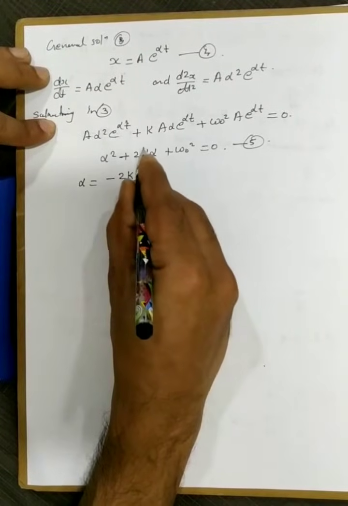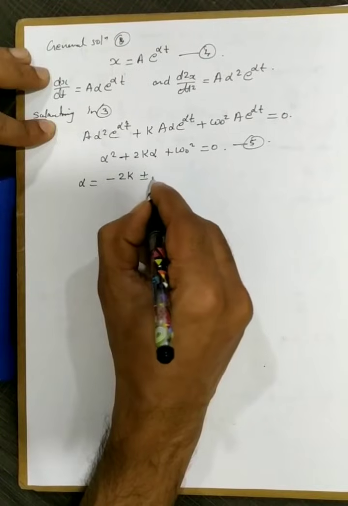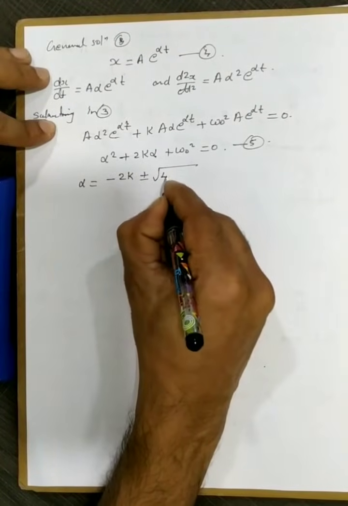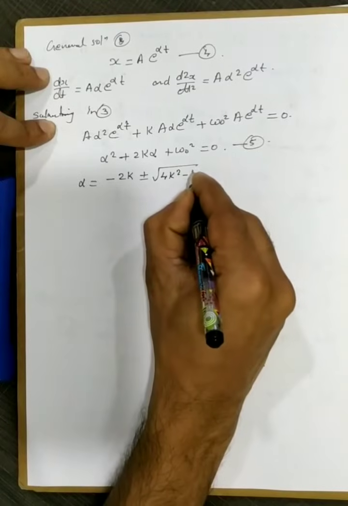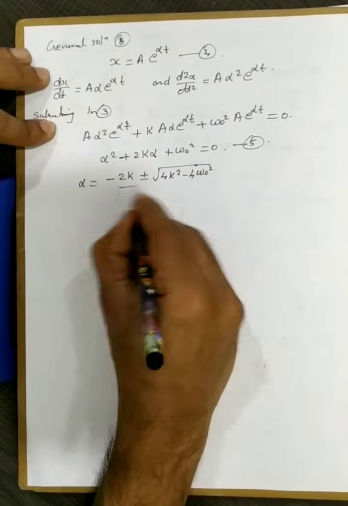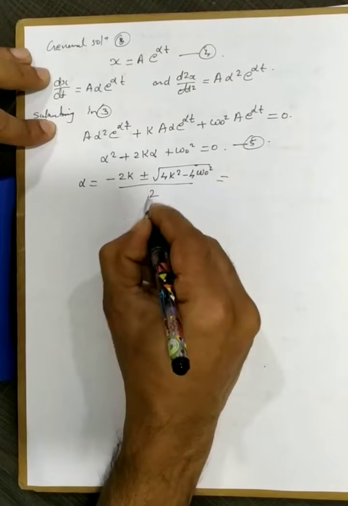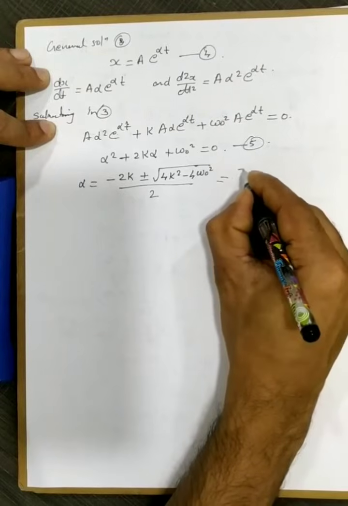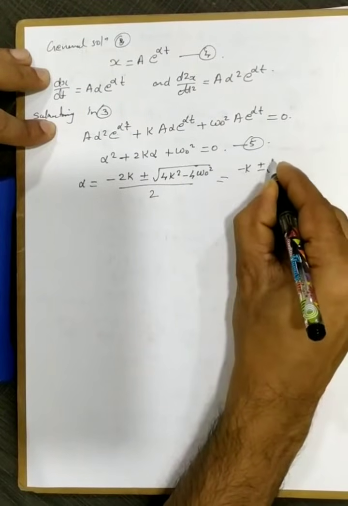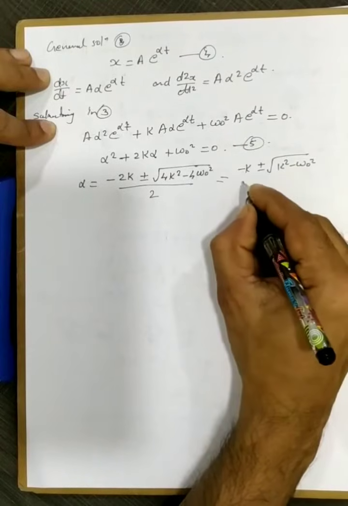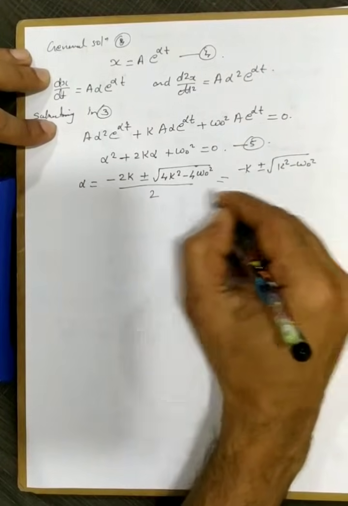Here b is 2k. Minus b plus or minus square root of b square minus 4ac, b square means 4k square, minus 4ac for omega 0 square, divided by 2. So this 2 cancels the 2 in the numerator and this becomes minus k plus or minus square root of k square minus omega 0 square. Okay, 2 cancels.